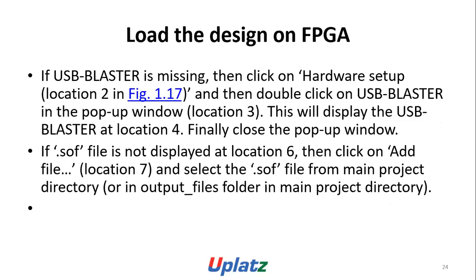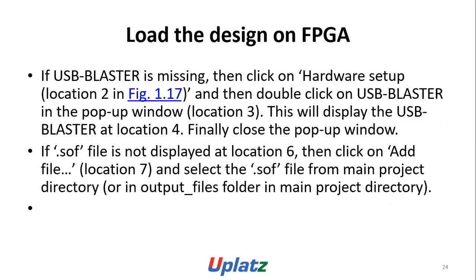If the USB Blaster is missing, then click on Hardware Setup, location 2 in figure 1.17, and then double click on the USB Blaster in the pop-up window, location 3. This will display the USB Blaster at location 4. Finally, close the pop-up window.